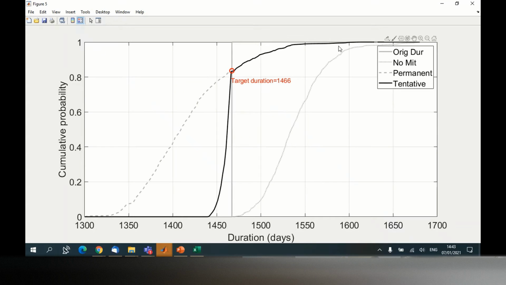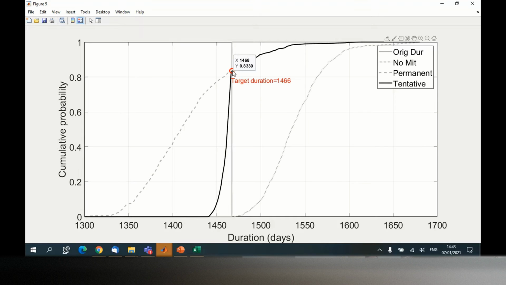This brings me to the second S-curve, in black. This curve is given by the mitigation controller after it executes some mitigation measures. Now instead of having a probability of 0 at 1,460 days, which is the target date, the probability is increased from 0 to around 83%.